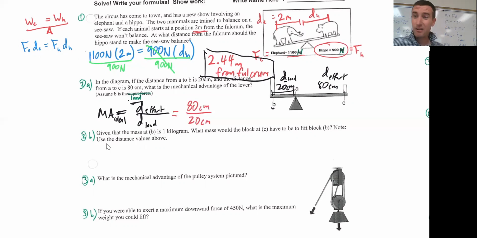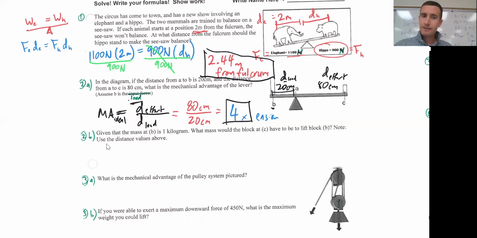And in this case, I didn't convert it to meters because I have the same unit on top and bottom, so it's going to cancel the unit anyway. So that will leave me with an answer of 4 for my mechanical advantage. Or I could say that's 4 times easier. Right? So my mechanical advantage is 4. Or 4 times. Nice.